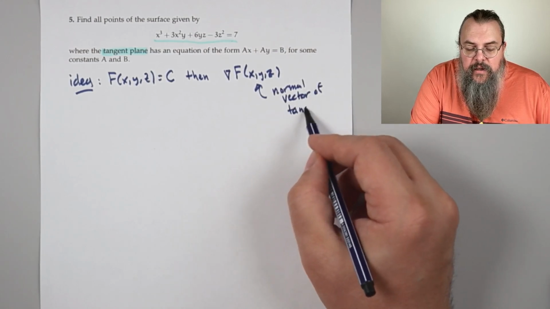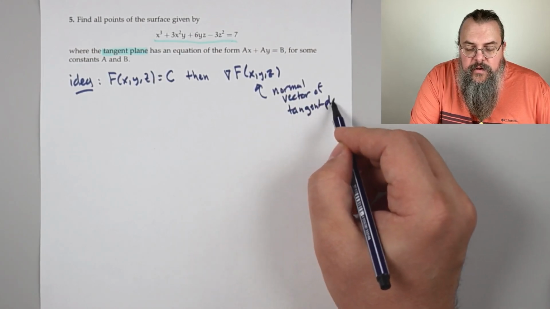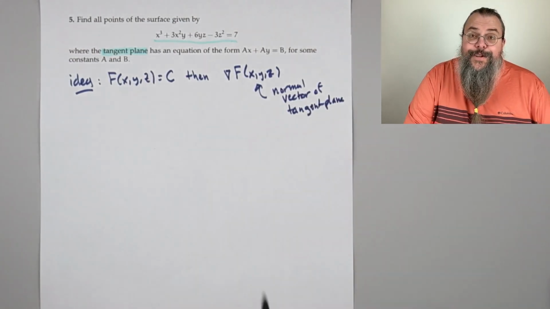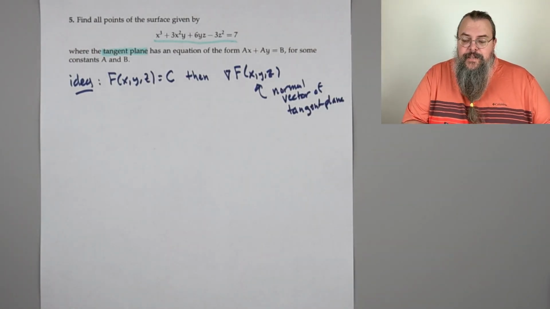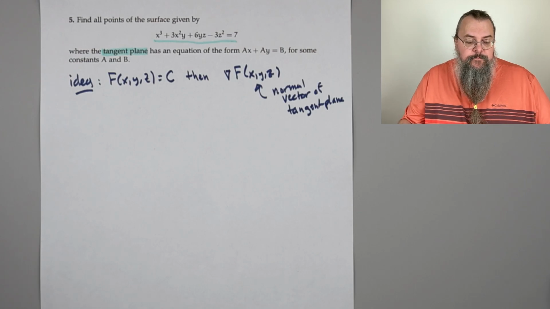So you say, okay, so that's what we're going to need to study. What does the normal vector look like? So let's take our gradient and take a look and see what we need.